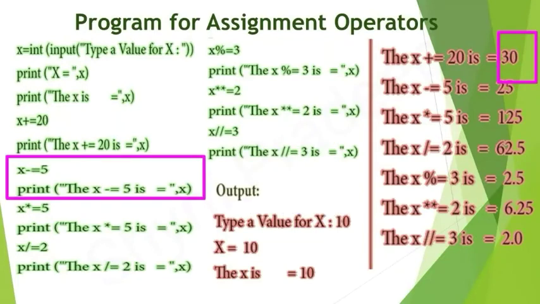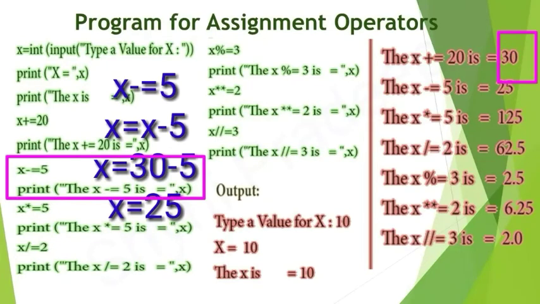Next, see X minus equal to 5. So print X minus is equal to 5 is X. Now you have to evaluate X. Now our new X value is what? 30. So X minus equal to 5.